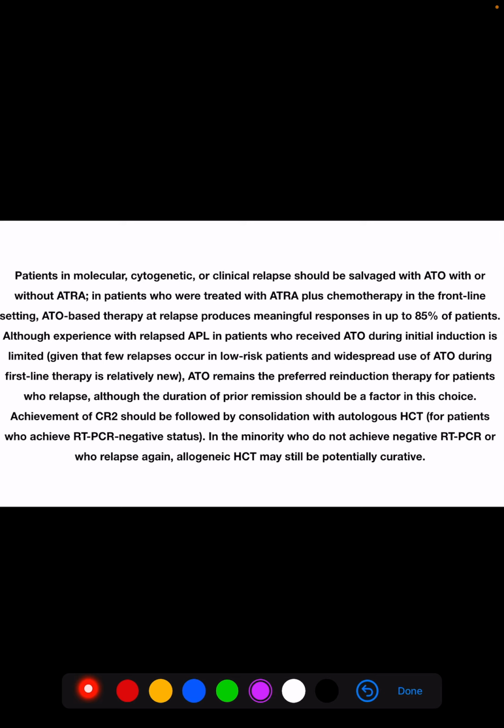And patients in molecular, cytogenetic or clinical relapse should be salvaged with ATO with or without all-trans retinoic acid. Relapse can occur in any way, either clinically, cytogenetically or molecularly. So how should these patients be managed?